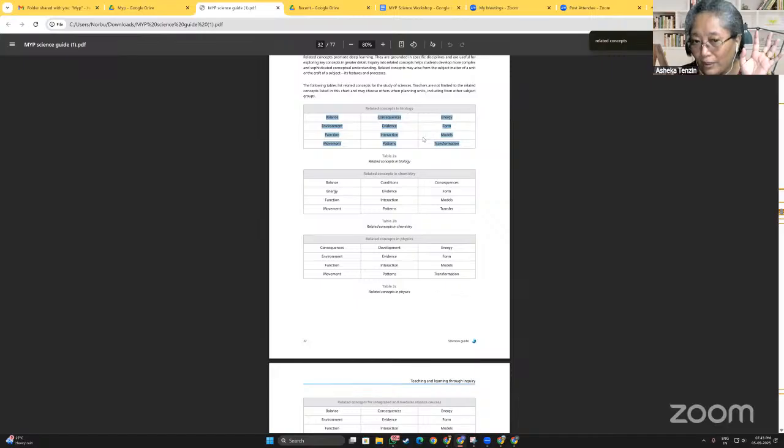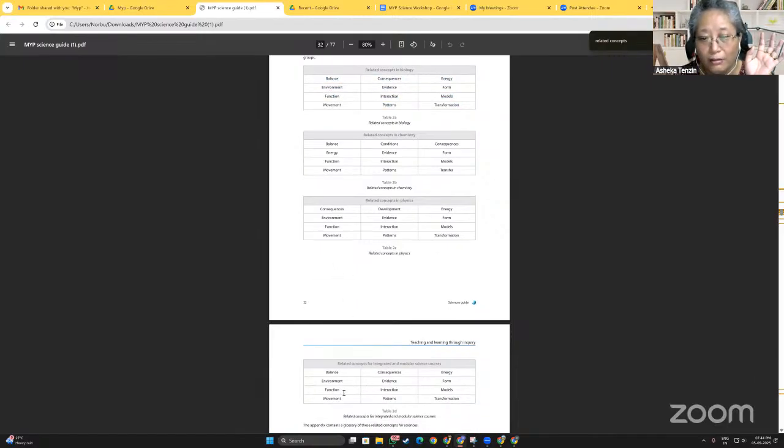If these are not there, especially what is there here but not there: consequences, evidence, environment, function, interaction, models, movement, patterns, transformation.